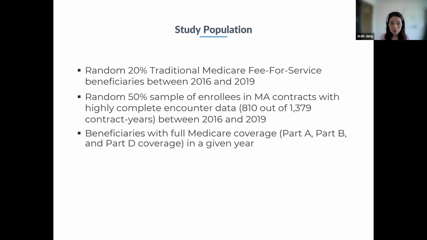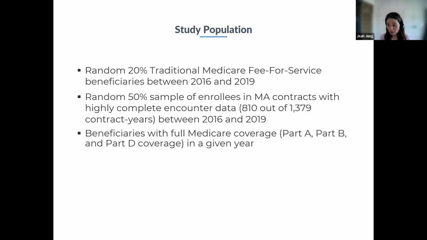So our study population was a random 20% of traditional Medicare fee-for-service beneficiaries between 2016 and 2019. And for the MA sector, MA encounter data are relatively new, so there were some concerns about the completeness of MA encounter data.